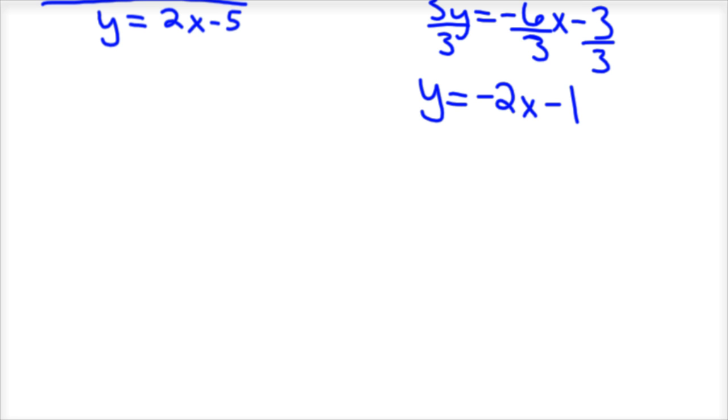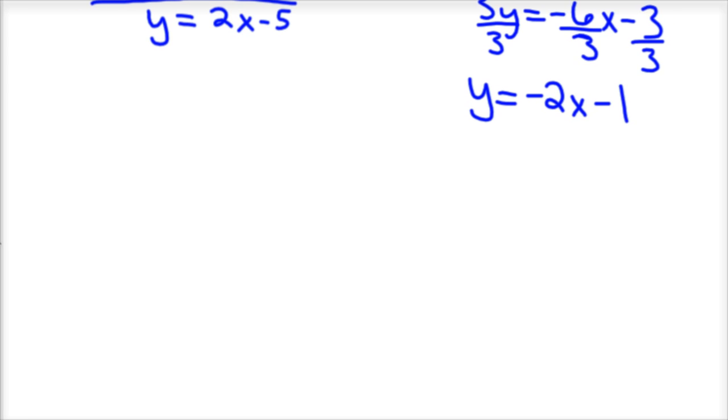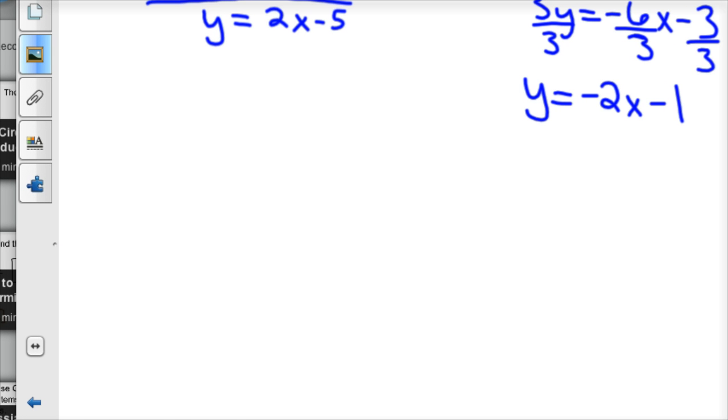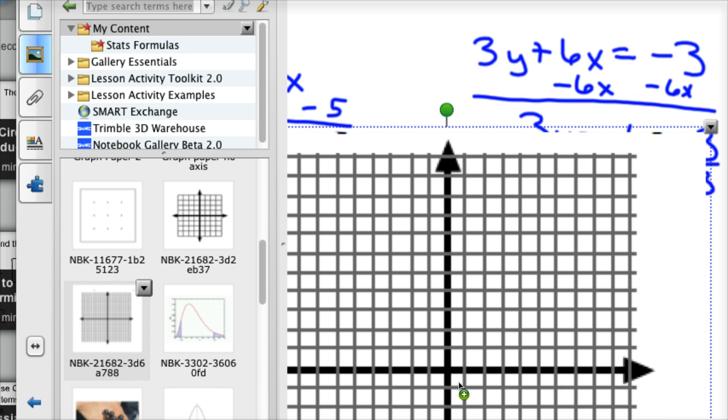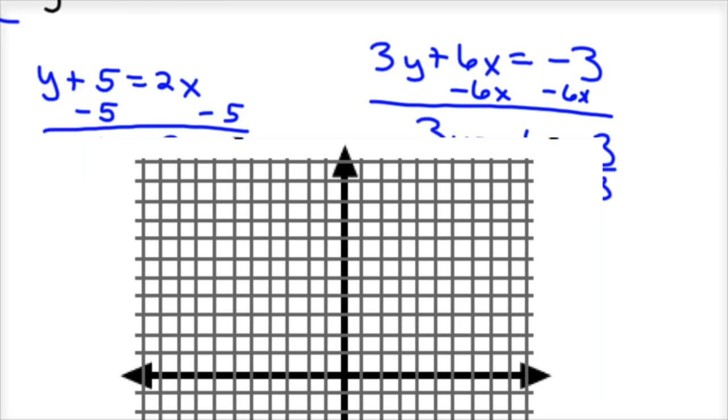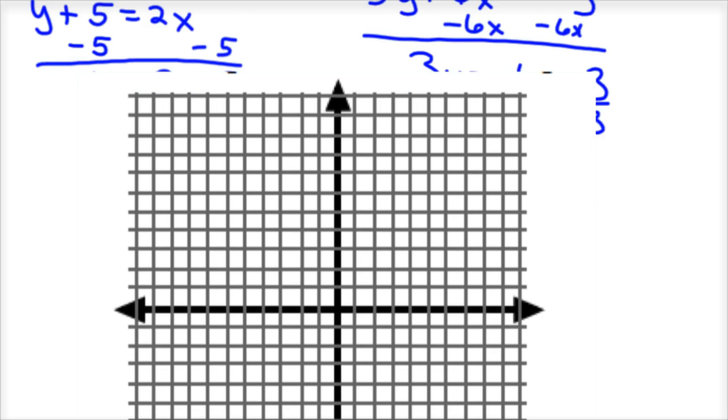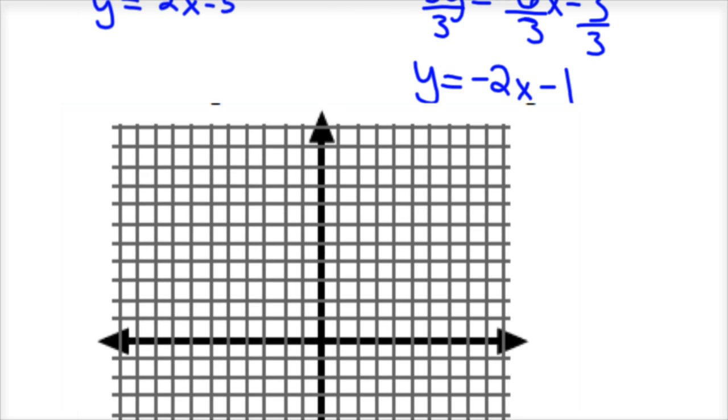I'm just going to skip to the trick since this is just something I build for my students to practice with. And so I'll add a piece of graph paper here. So let me pull that up, my content. Pull in a piece of graph paper. There it is. I'll move it just a little bit here and we'll get to graphing.